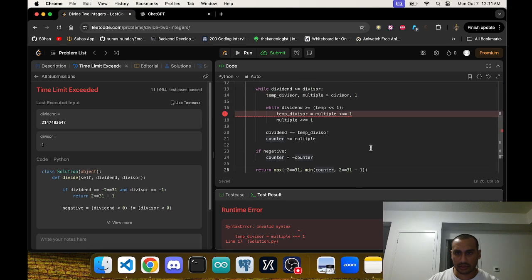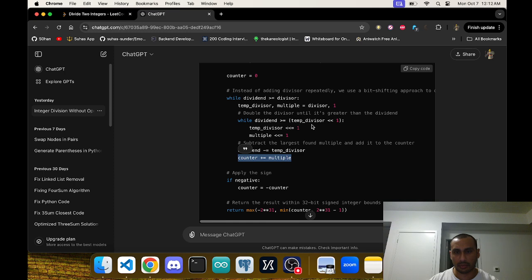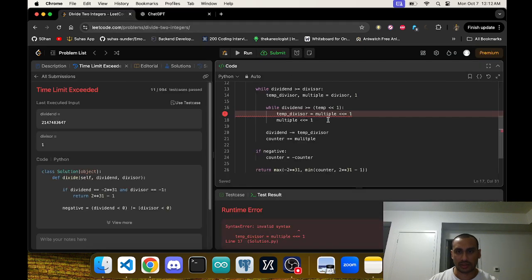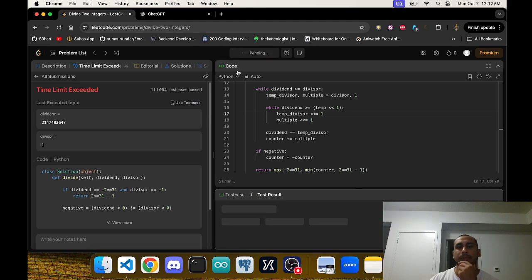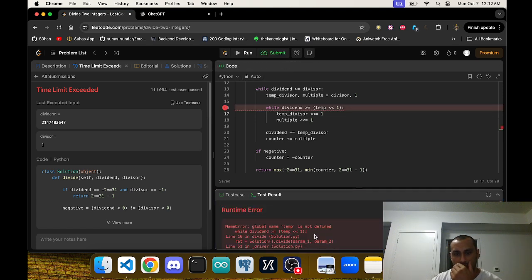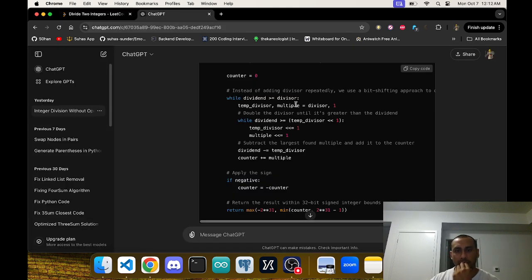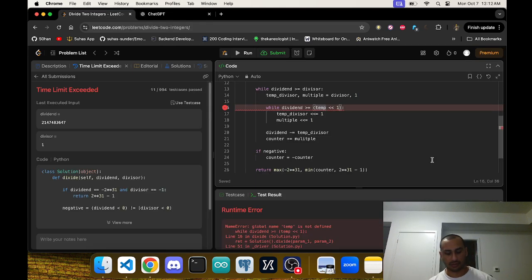Invalid syntax. What is invalid? Temp multiple. What is that? Oh, temp divisor. I don't know why I put multiple there. Temp is not defined. Oh, temp divisor. Yeah, temp divisor.